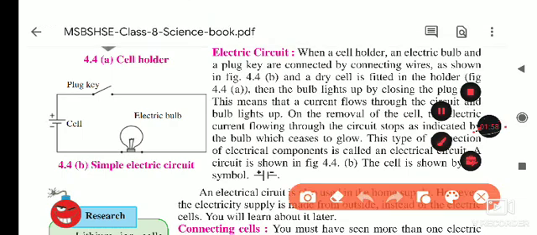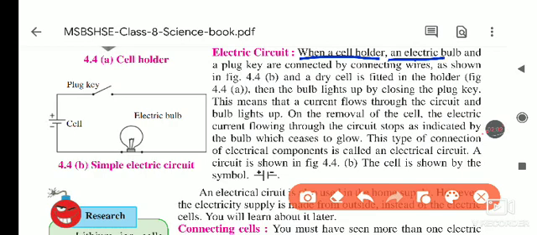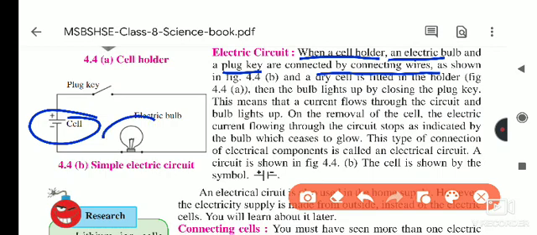Electric circuit: when a cell holder, an electric bulb and a plug key are connected by a connecting wire. This is the cell holder, here is the electric bulb, and the plug key.